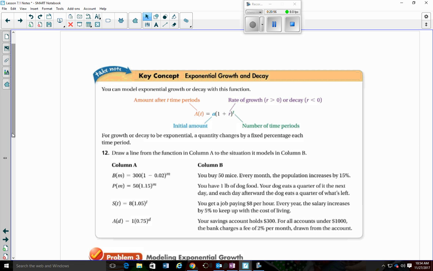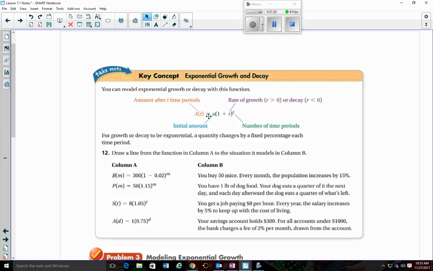You'll be able to figure out the total amount over a certain period of time. So t could be the number of years, it could be the number of months, it could be whatever, but your rate, whether it's increasing or decreasing at a certain percentage, you're going to do 1 plus that. And then your A is your beginning amount.